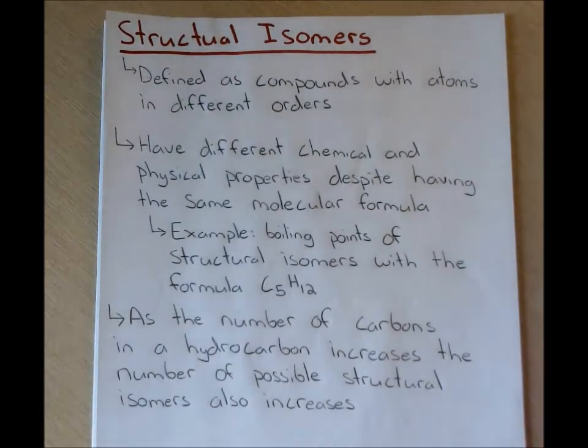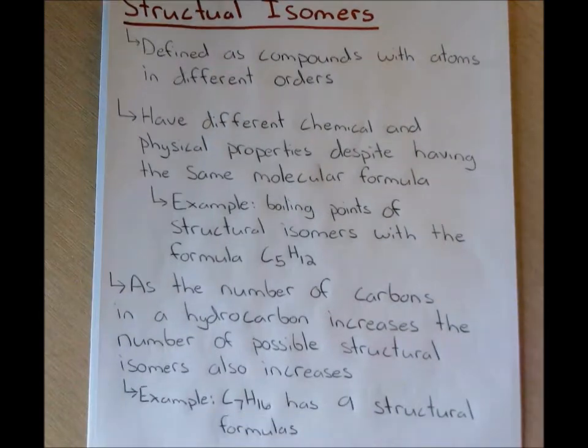The more carbons and hydrogens that you have in a formula, the more possibilities you have to arrange them. But just to give you a couple examples here, the molecular formula C7H16 has 9 structural isomers that can be produced from it.